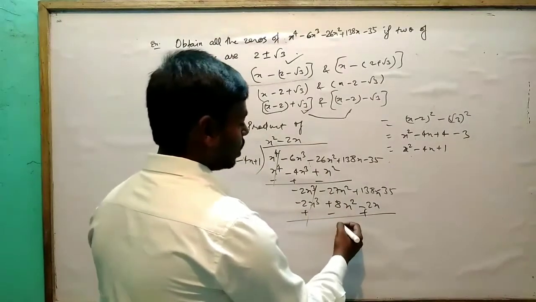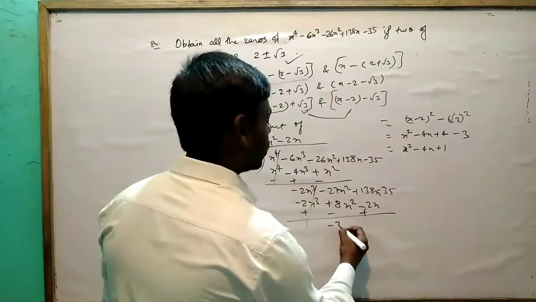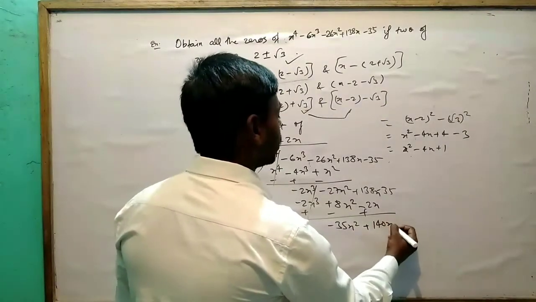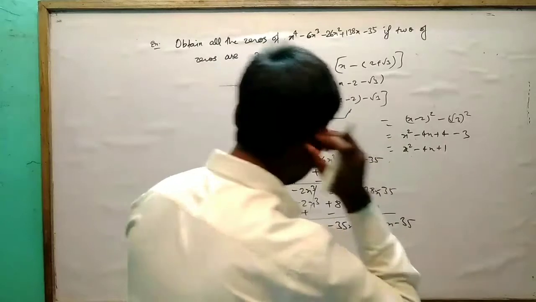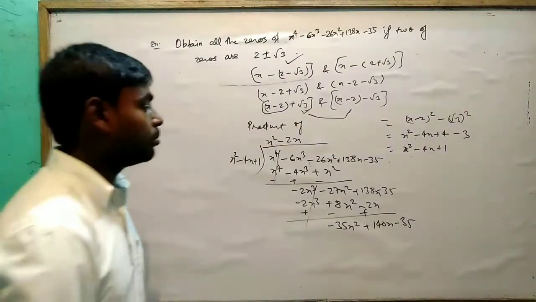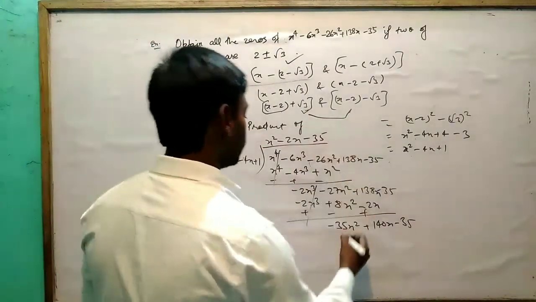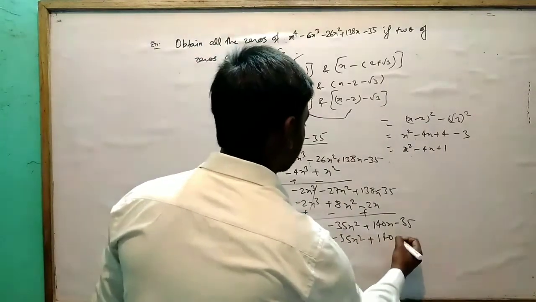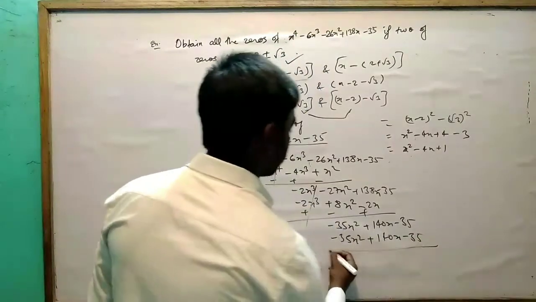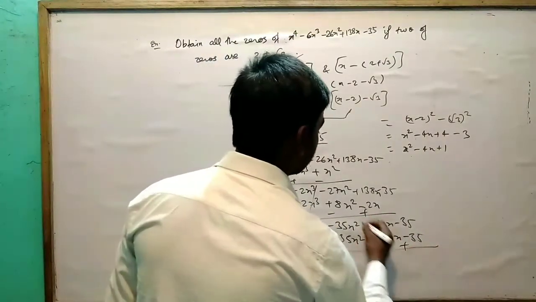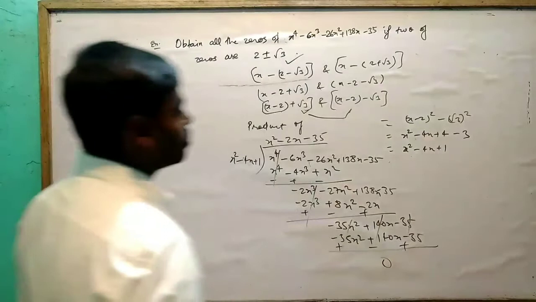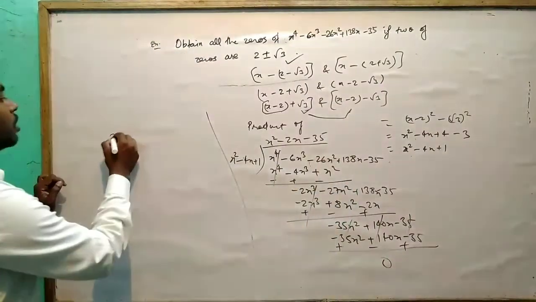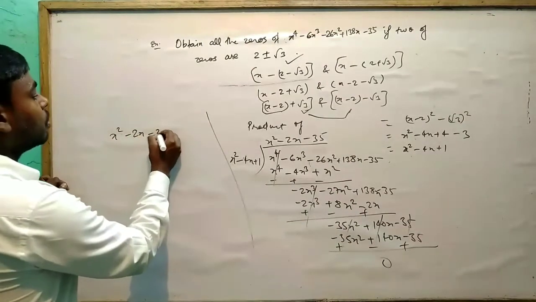Now we get minus 35x square plus 140x minus 35. Now we have to multiply by this term, minus 35, and we get minus 35x square plus 140x minus 35. We change the sign, and we get remainder 0. Now we take the quotient as 0 and obtain the other two zeros.